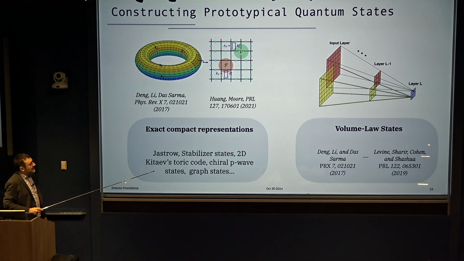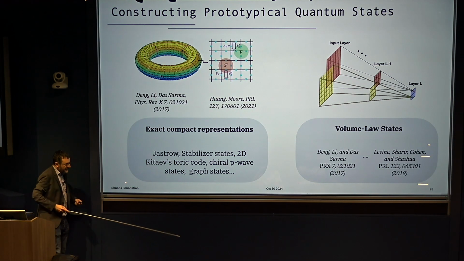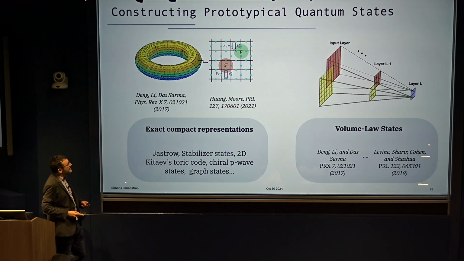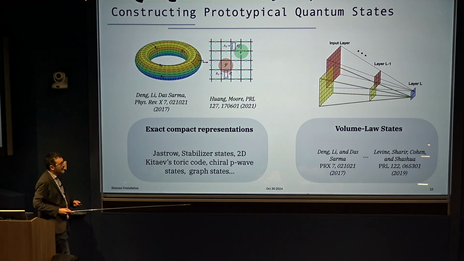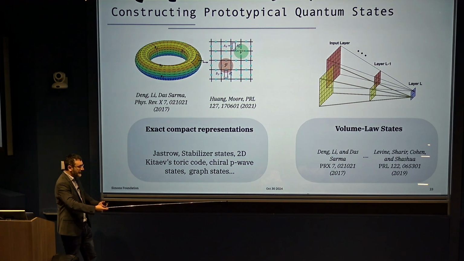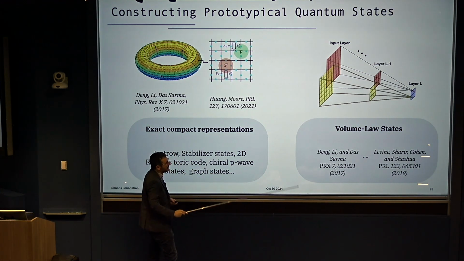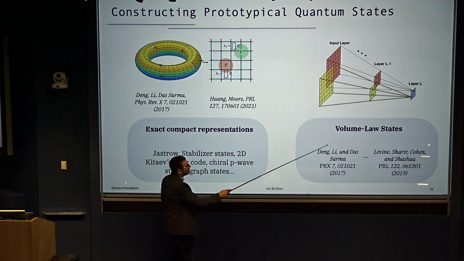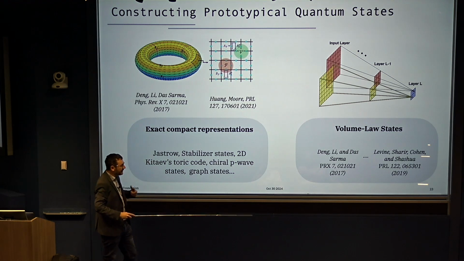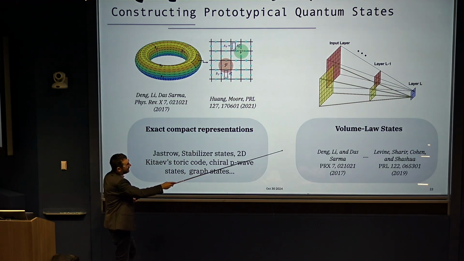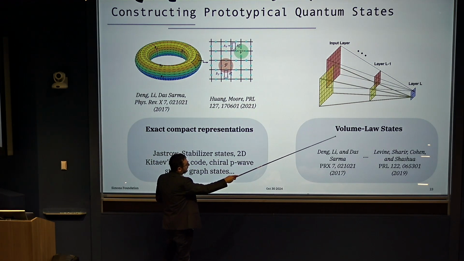People have also studied how these constructions carry along to the case of quantum wave functions. After we introduced this kind of representation, it has been shown that you can represent with a deep neural network, for example a convolutional neural network such as this one, states that satisfy the so-called volume law entanglement.